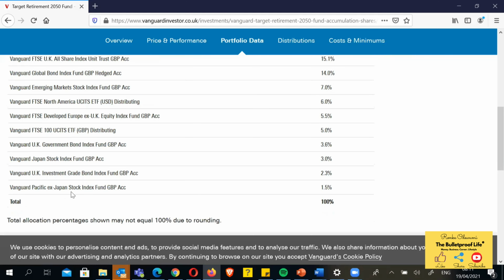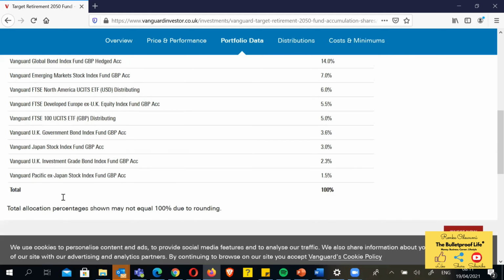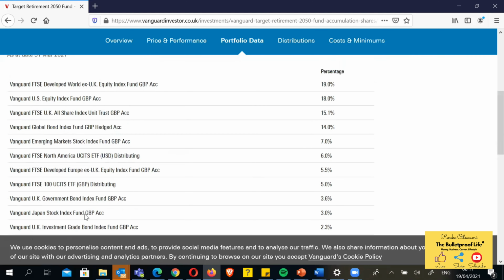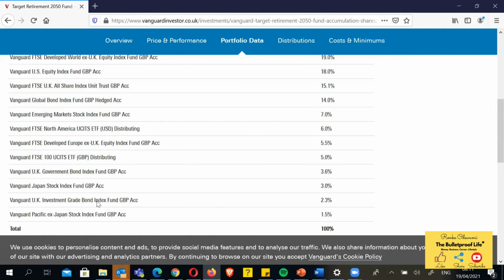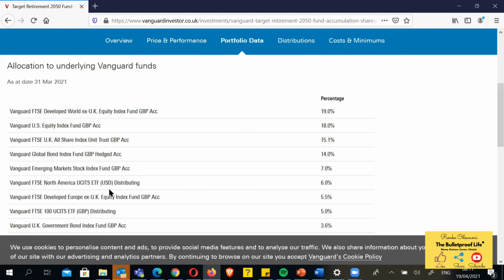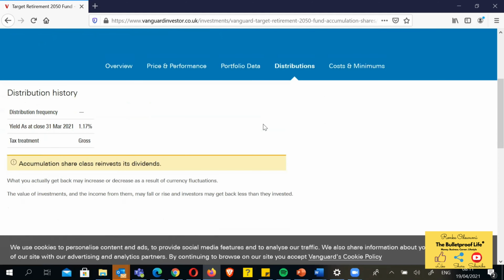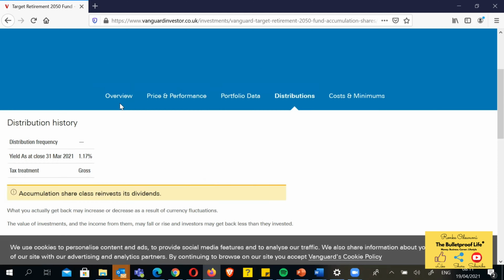Once you put your money into this particular Target Retirement Fund, it helps you split your money across a large number of index funds and equity funds. And it's a really good split. A large percentage of your money goes to US equity, FTSE UK, and developed world excluding UK, which means you are literally invested across the globe, including emerging markets, which is fantastic. It's a really great way for you to diversify your investments.